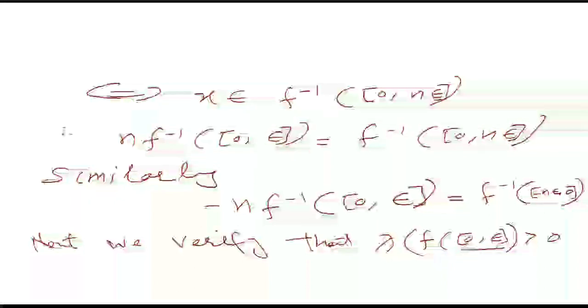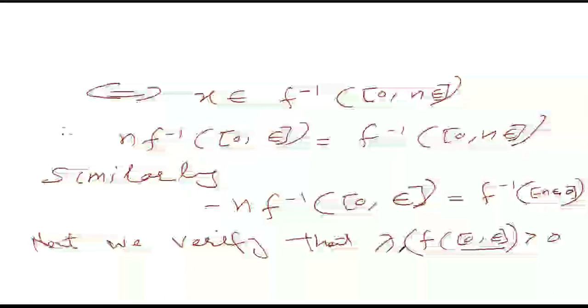Because the Lebesgue measure of the interval is epsilon, we show that the Lebesgue measure of the image is also a positive number. This is not true in general. If the Lebesgue measure of a set is positive, it's not necessary that the Lebesgue measure of the image set is positive. But for an interval, it's true.